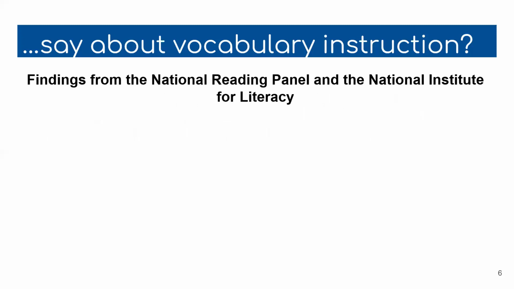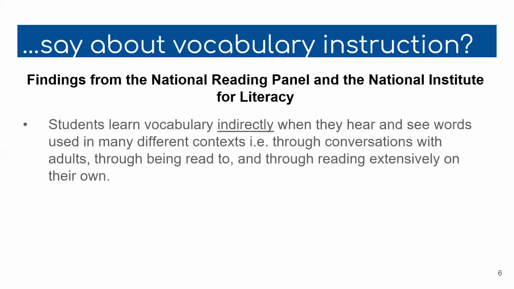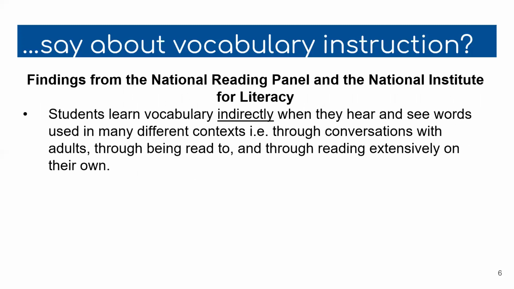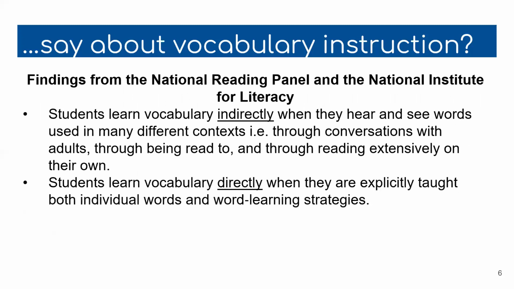To dive in further, our National Reading Panel and the National Institute for Literacy tells us that students learn vocabulary in 2 different ways: indirectly and directly. So first, students learn vocabulary indirectly when they hear and see words used in many different contexts. For example, through conversations with adults, through being read to, and through reading extensively on their own.